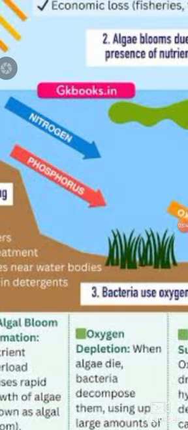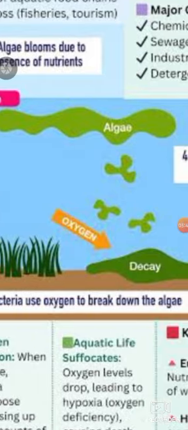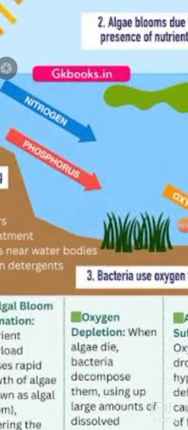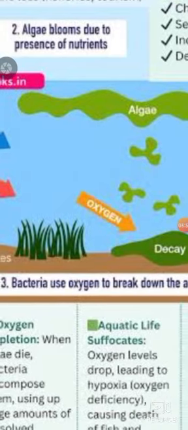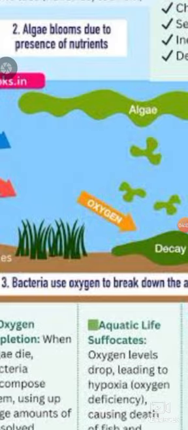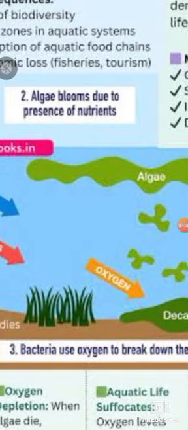Then the algae at the surface of the river, which are not many, now grow in population at a very fast rate. That is what is regarded as algal bloom, due to the presence of these nutrients, nitrates and phosphate.